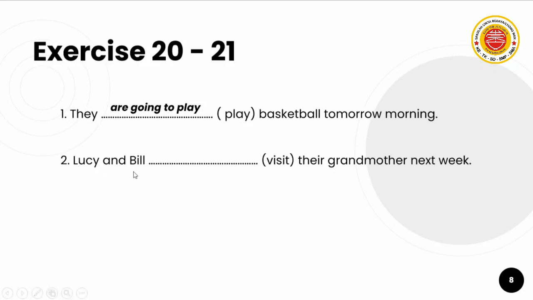Lucy and Bill, 2 people. Lucy dan Bill, 2 orang. So we are going to use are. Jadi kita akan menggunakan are. So Lucy and Bill are going to visit their grandmother next week.